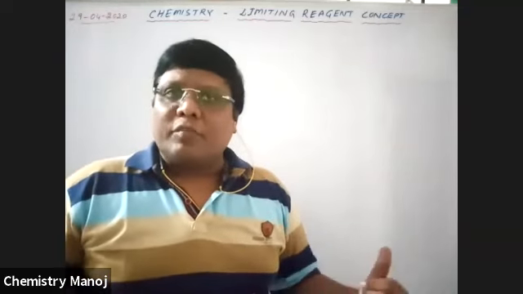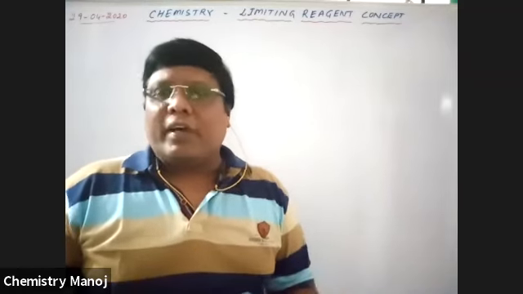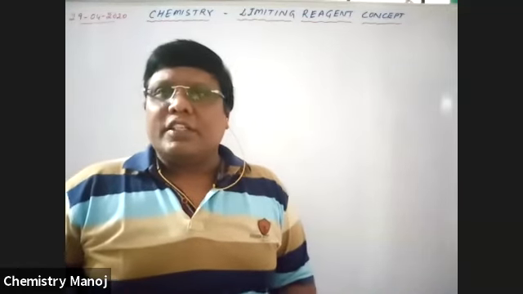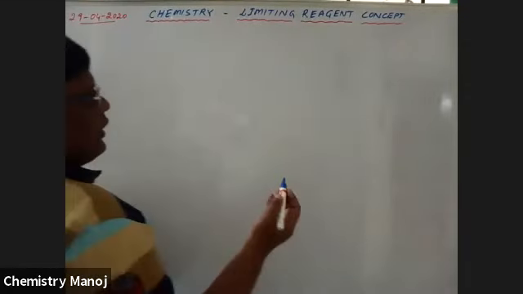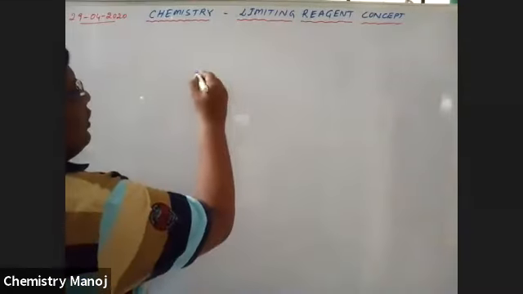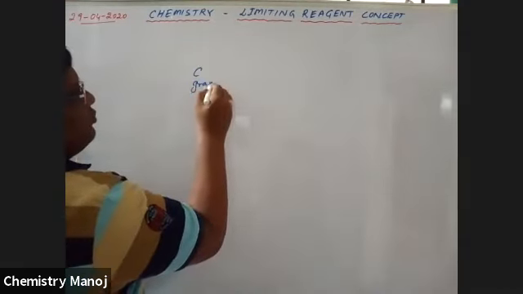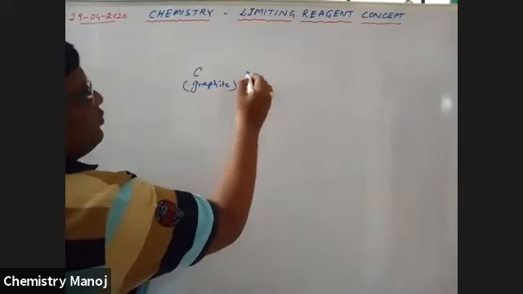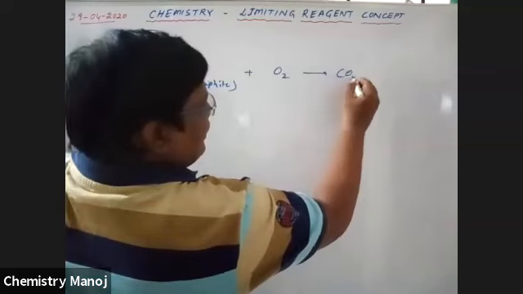Let us take one example. After completion of that example, I am going to define the limiting reagent. See here. Let us take carbon, which is in graphite form, reacts with oxygen, that gives carbon dioxide.